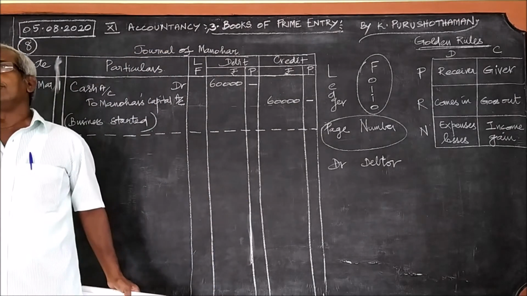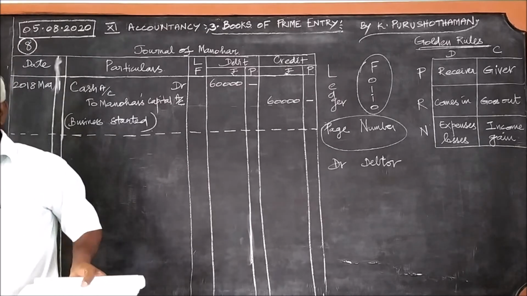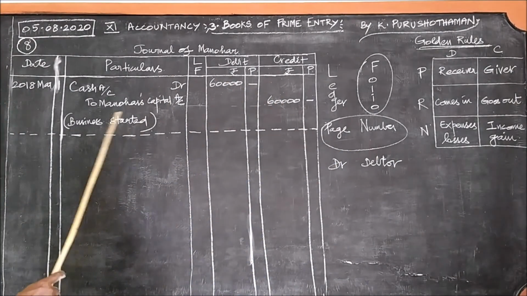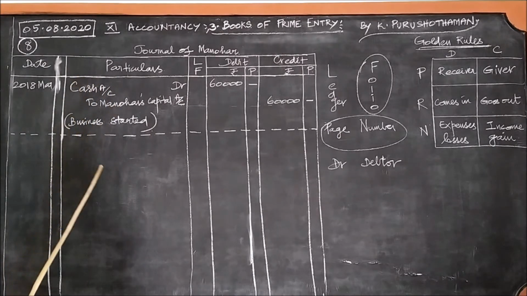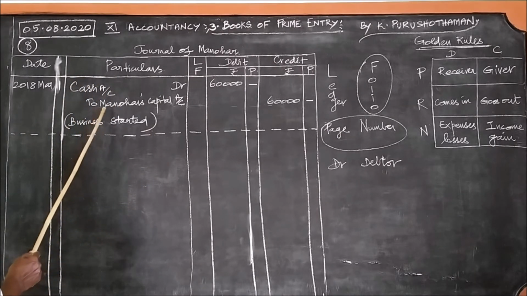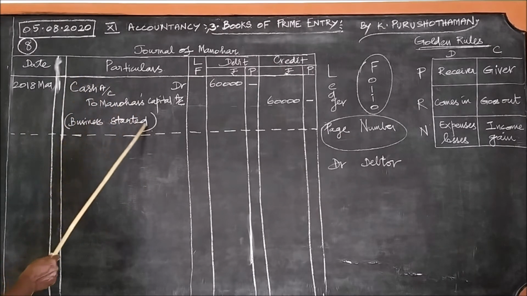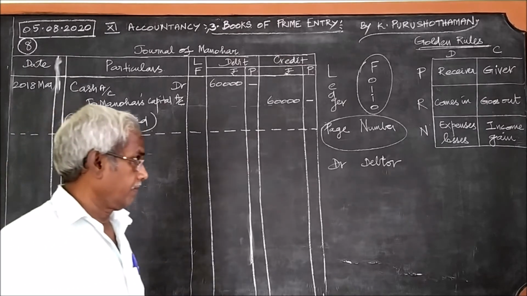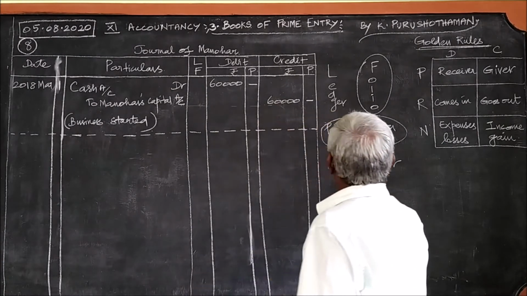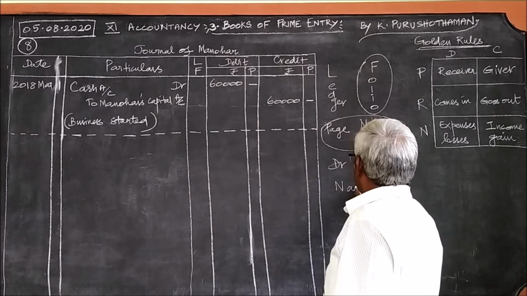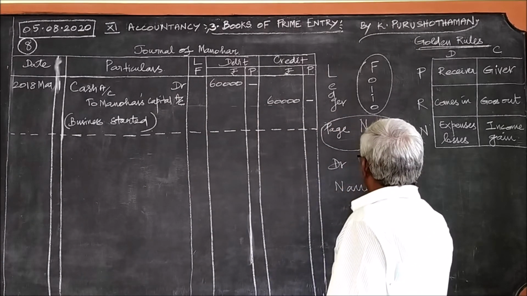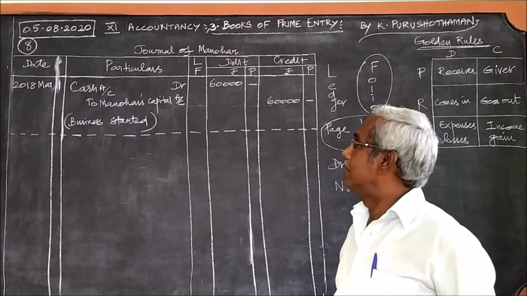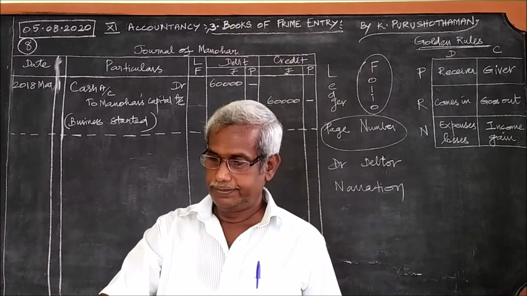What does it consist of? A journal entry consists of debit and credit entries. The statement written in the bracket is called narration. I should explain you very many things, and we cannot go faster, and you should listen very carefully.